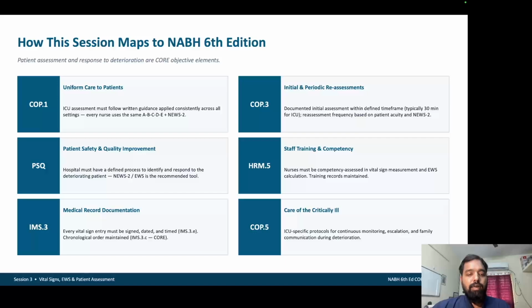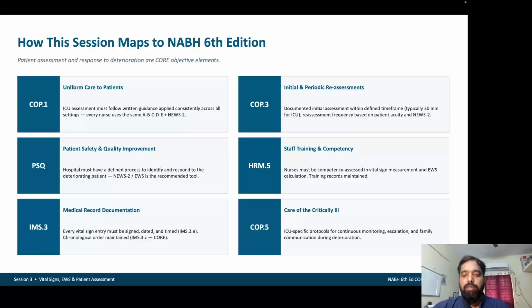Medical record documentation: every vital sign must be signed, dated, and timed, with chronological order maintained. Initial and periodic reassessment includes a documented initial assessment within a defined time frame, typically 30 minutes from ICU admission. Reassessment frequency is based on the patient's acuity and NEWS 2 levels.